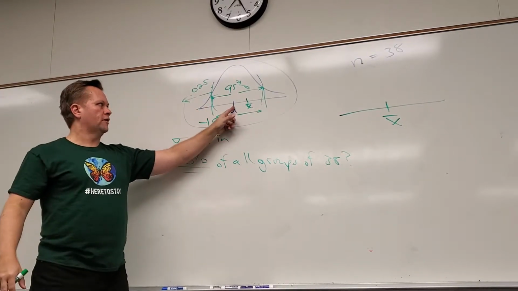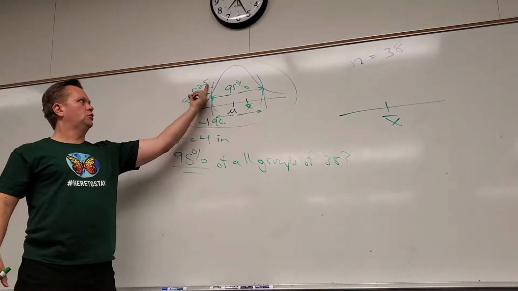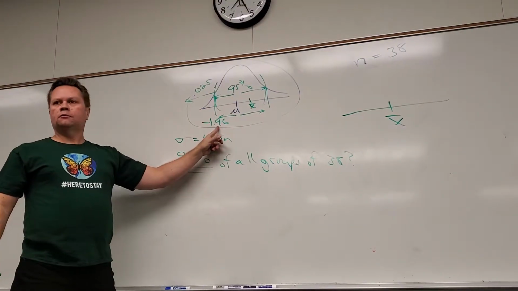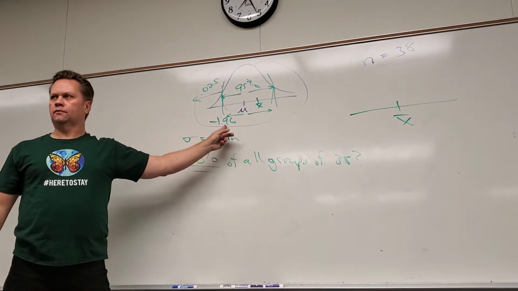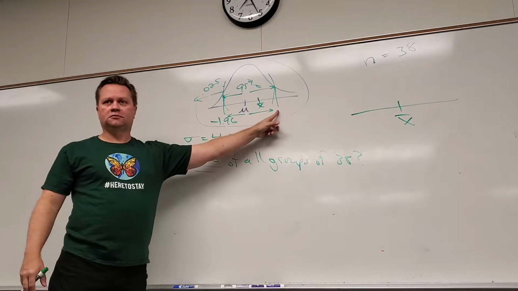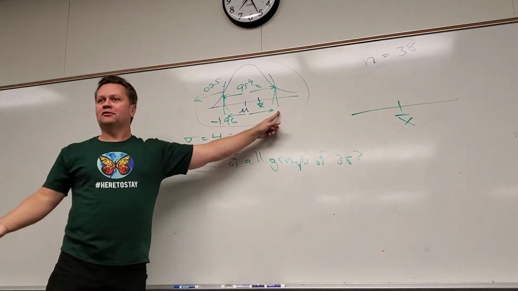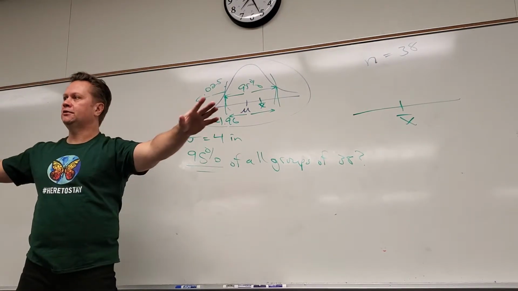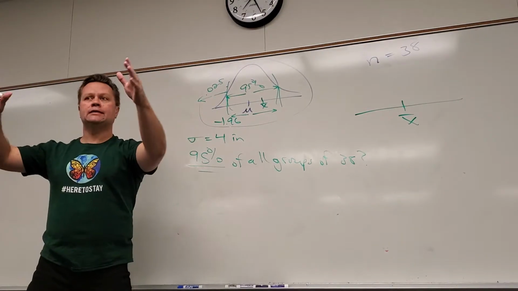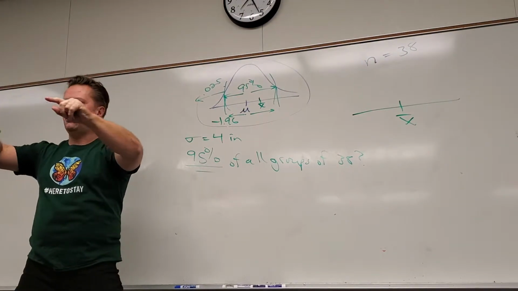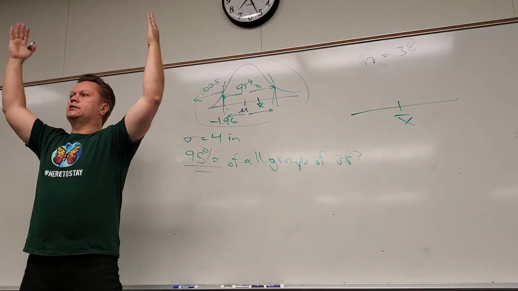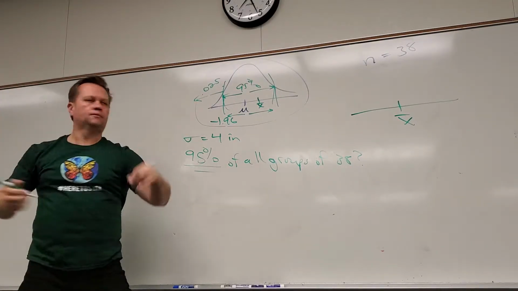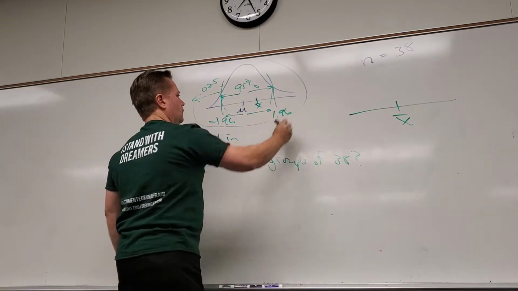How far below the mean do I have to go until I only have 2.5% below it? 1.96 steps down. So how far up do I go? Positive 1.96 because of symmetry, right? Okay, that step is old news. Just how far do I go to catch 95% of the data?